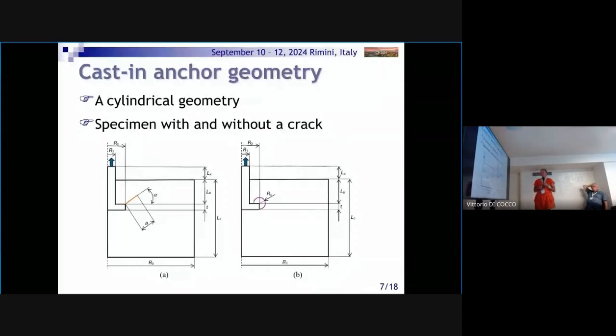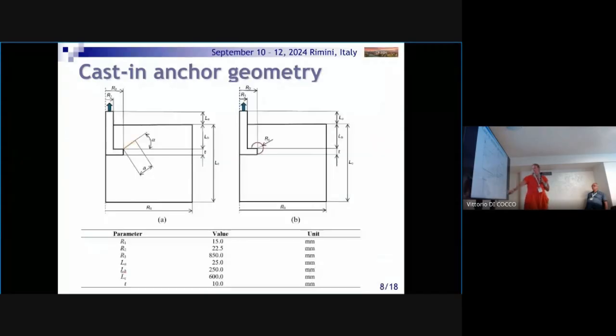Here is the axis of symmetry, and the values of the parameters are in this table, where you can see the radii of the individual parts of the specimen.